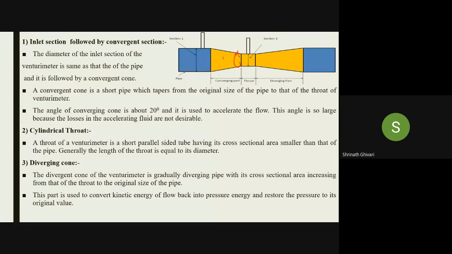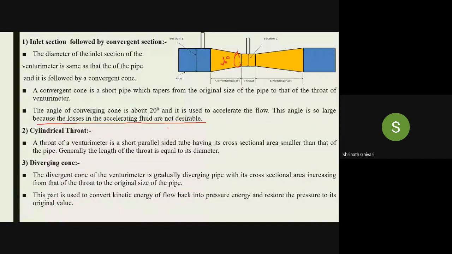It is 20 degrees, and it is used to accelerate the flow. This angle is not larger than this because the losses in the accelerating fluid are not desirable. So whatever loss is taking place, it is not desirable.